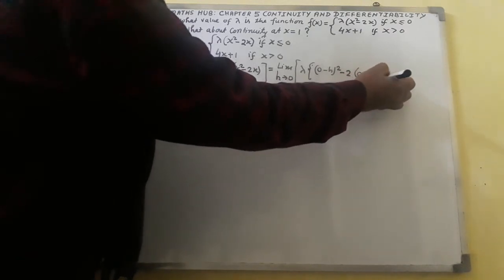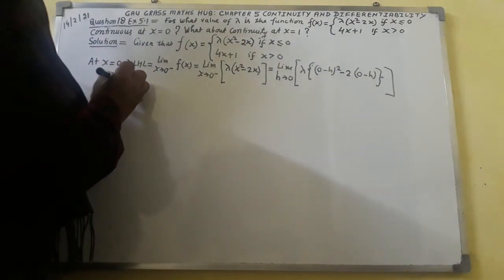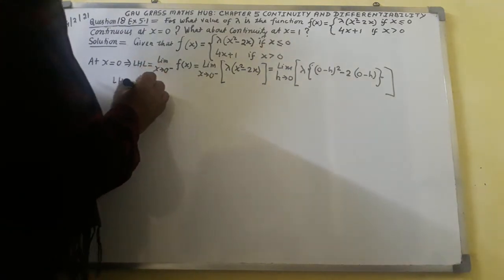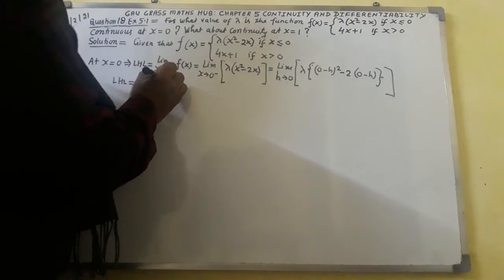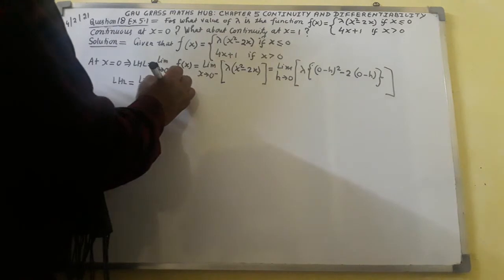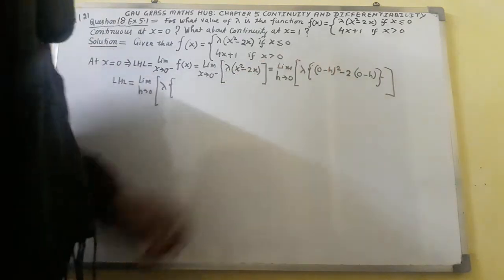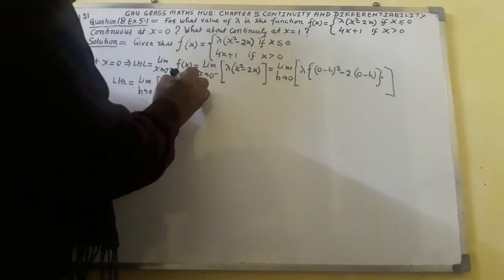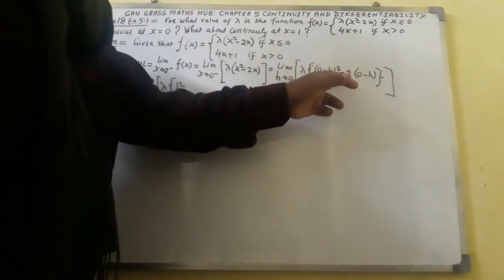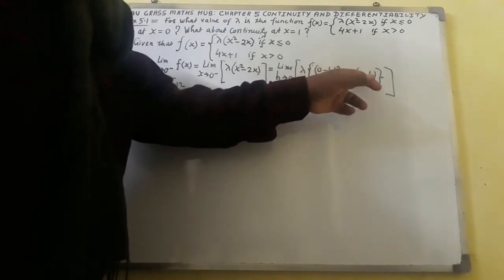The left hand limit comes out to be limit h tends to 0 of lambda times (0 minus h whole square comes out to h square; minus 2 multiplied by minus h gives plus 2h).